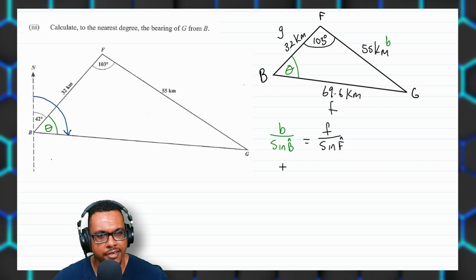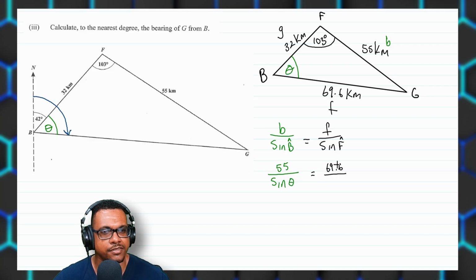Common B is 55 kilometers over sine capital B, and that's the angle theta. So you're going to write theta here is equal to common F is 69.6, and sine capital F is sine 103 degrees.